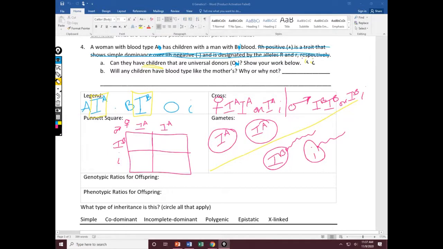Yes, in my particular case, right? Well, their phenotype at least. Go ahead and do my boxes out. What blood type are those? AB, right? That's not helpful.